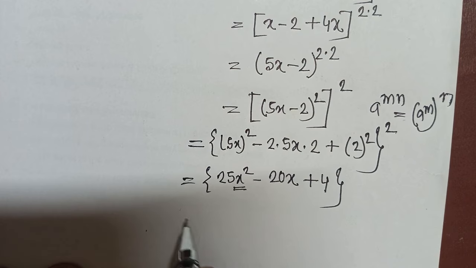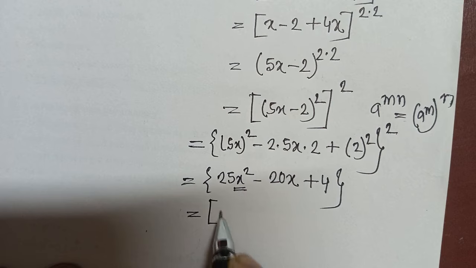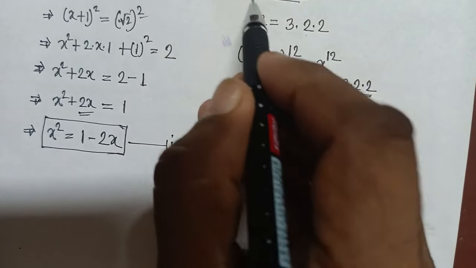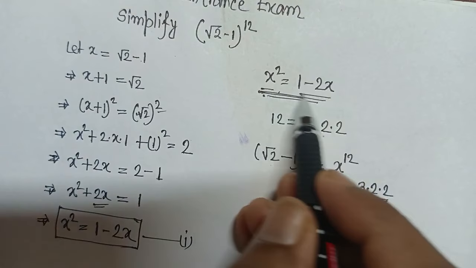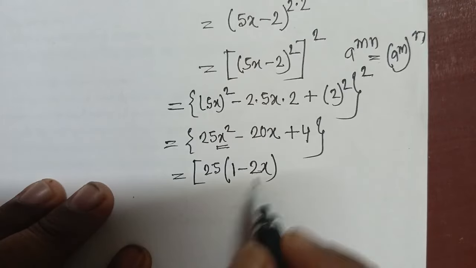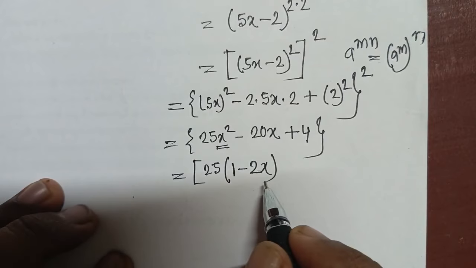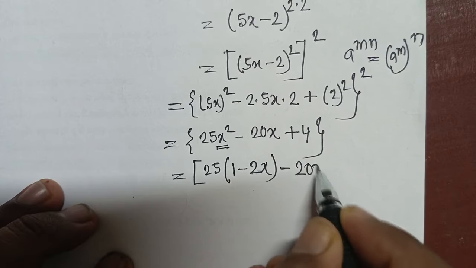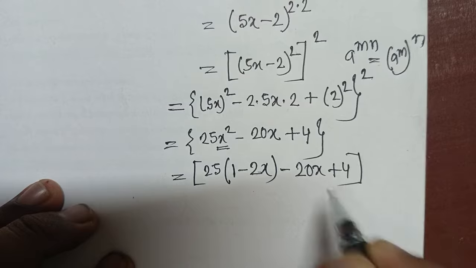Now we know x² means 1 − 2x. As we know here, x² = 1 − 2x. So we are putting the same value again here. Now we get 25(1 − 2x) − 20x + 4.